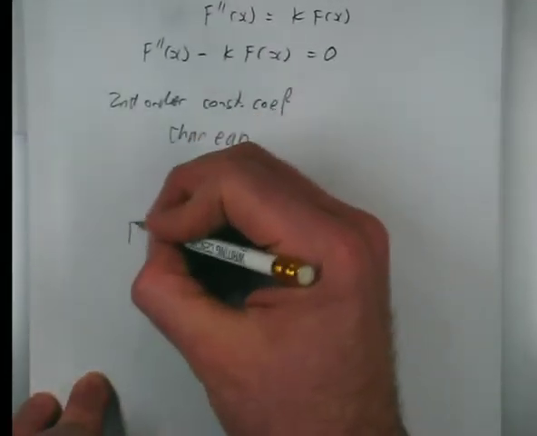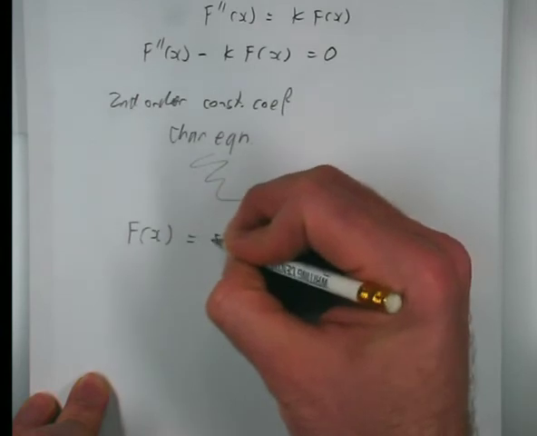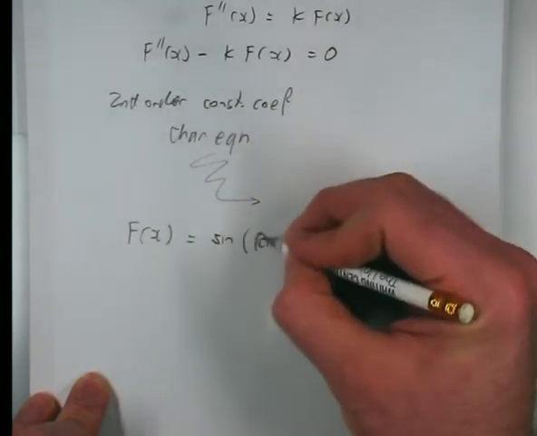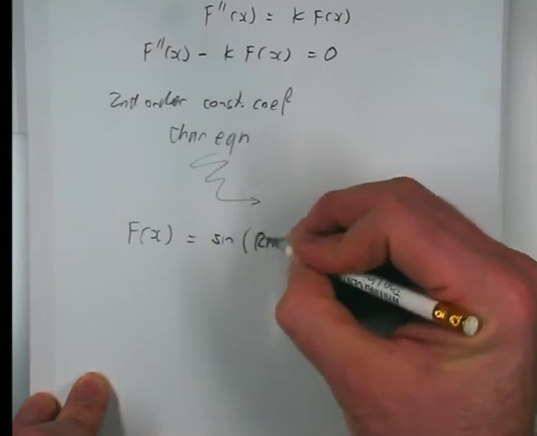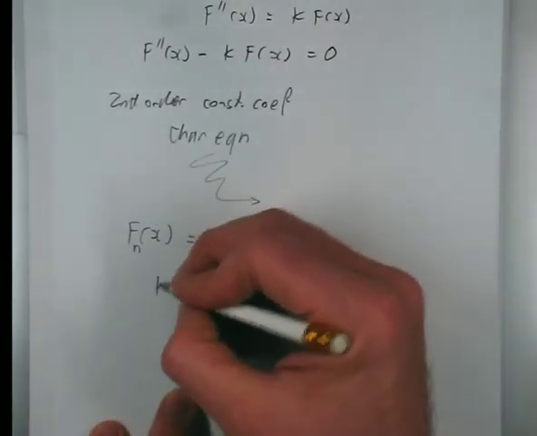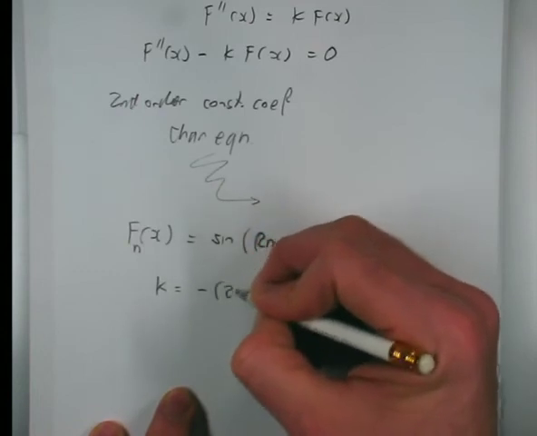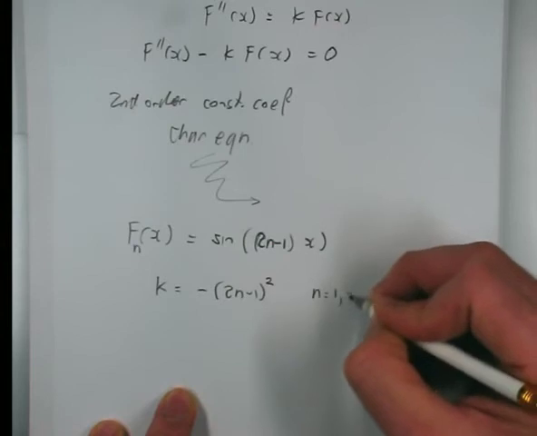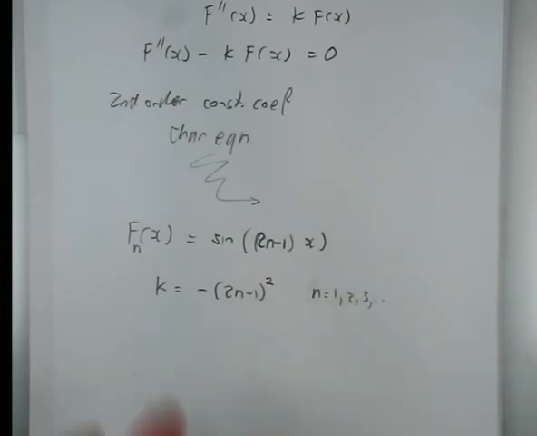So that means my f of x must be sine of (2n minus 1) x, and that's the nth x, and I also know that the k is minus (2n minus 1) squared for n equals 1, 2, 3, and so on. That's what they told me in the question that the answer to that particular part of my problem was.